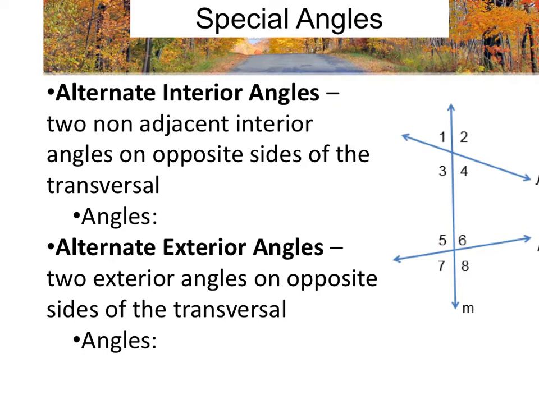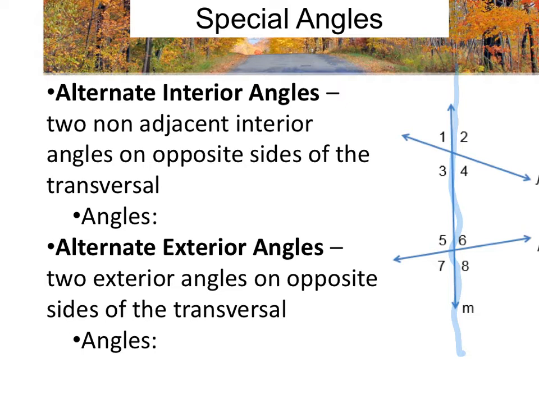So there are 2 non-adjacent interior angles, and they're going to be on opposite sides of the transversal. In this picture, my transversal goes up and down. This is the transversal. It's line M again.